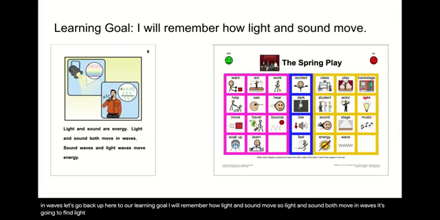Sound waves and light waves move what? You guessed it, energy.